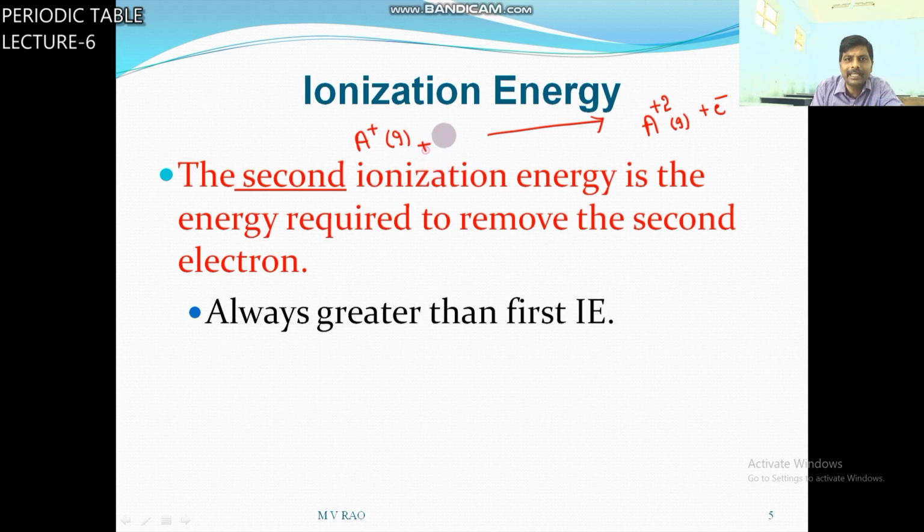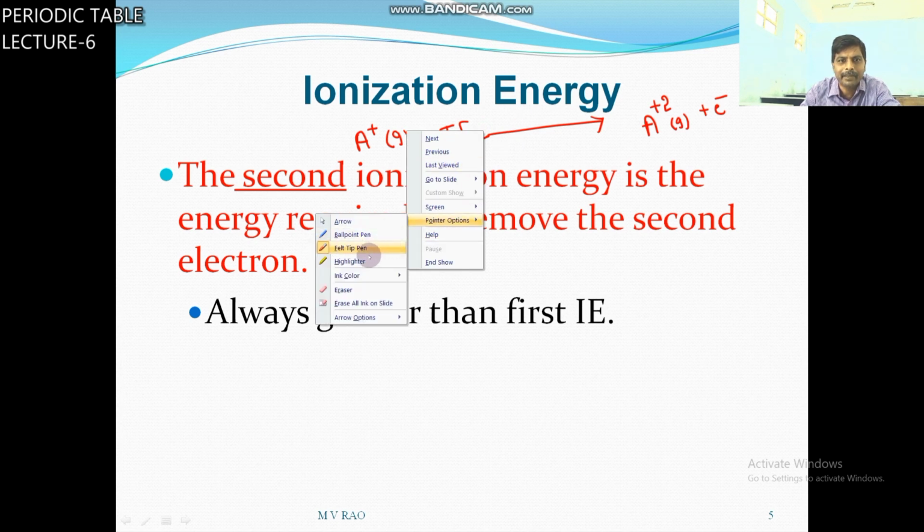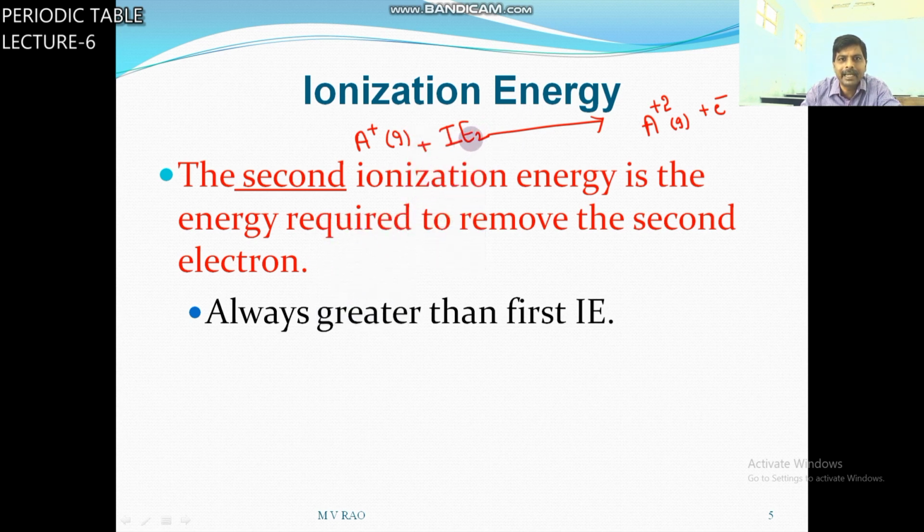This energy is called IE2, second ionization enthalpy. Already by the loss of one electron, it becomes A plus, a unipositive ion. From the unipositive ion you are removing the second electron.